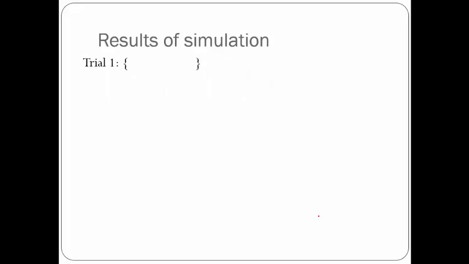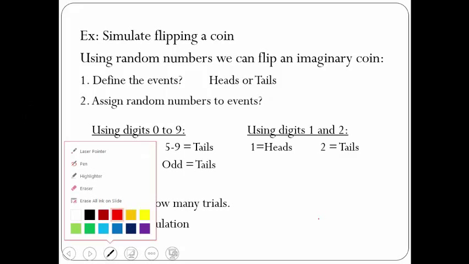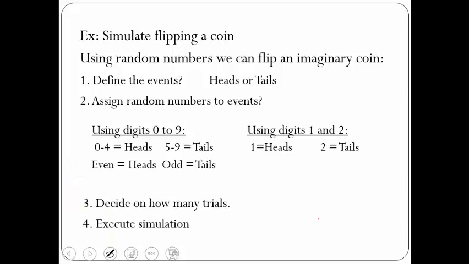So what we could end up doing, if we're going to go through this process, we'd use that random integer function, and then 1 comma 2. A lot of classes were doing 5 trials at a time.